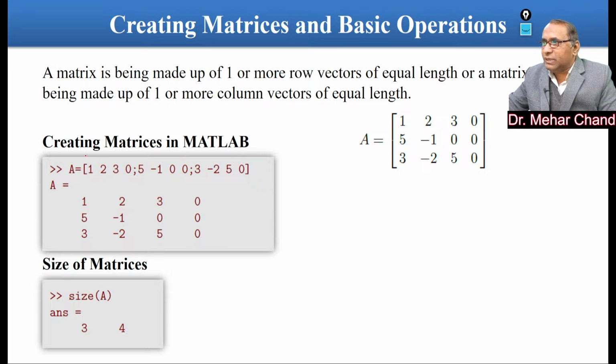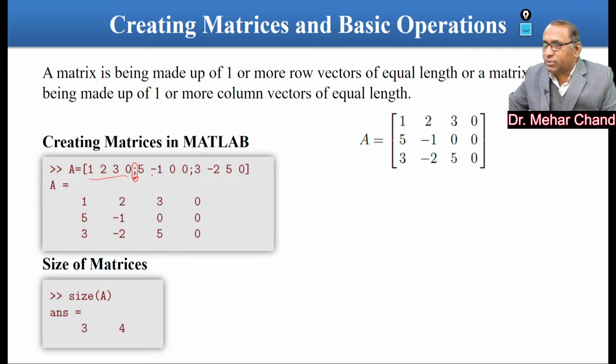Here is a few examples of creating a matrix in MATLAB. This is quite simple. Here is a matrix which has the elements in the first row 1, 2, 3 and 0. When you want to break the row, we have to use a semicolon. When you use a semicolon, it means a new row will start.